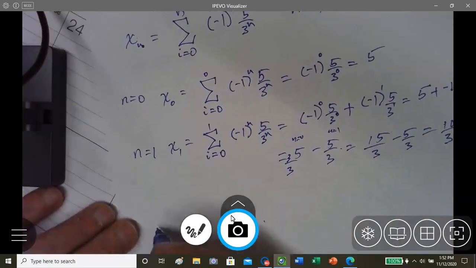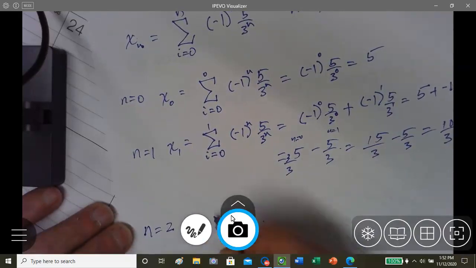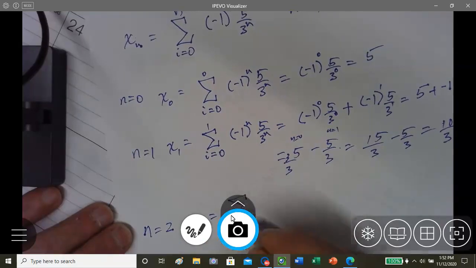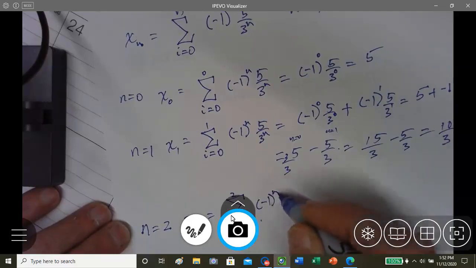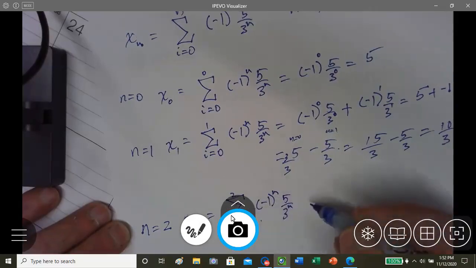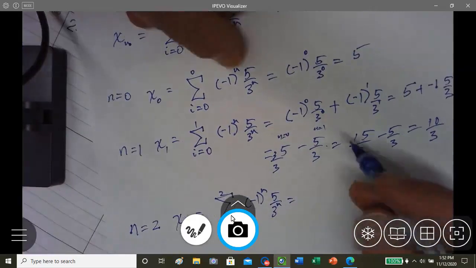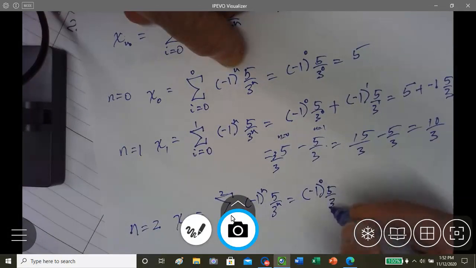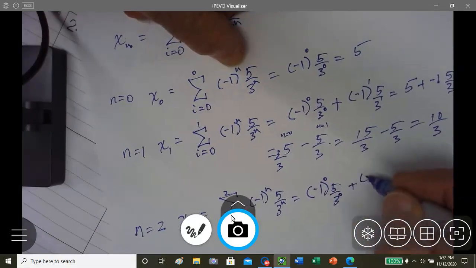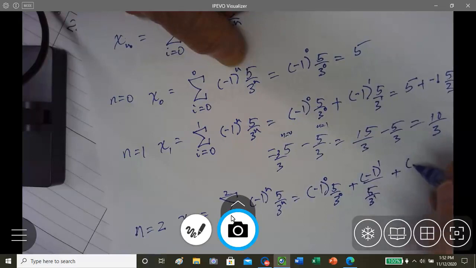Okay, so now we look at n equals 2. So that'd be x sub 2, and now i equals 0 to 2 for negative 1 to the n, 5 over 3 to the n. And so this is negative 1 to the 0, 5 over 3 to the 0, plus negative 1 to the 1 times 5 over 3 to the first, plus negative 1 squared times 5 over 3 squared.